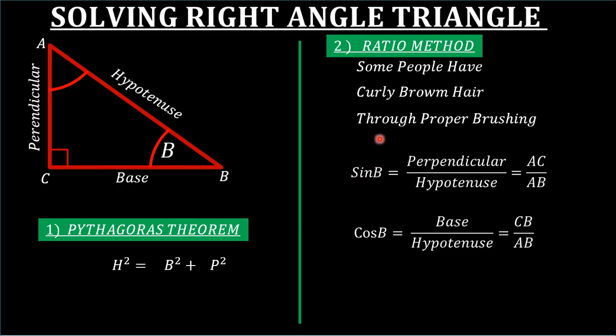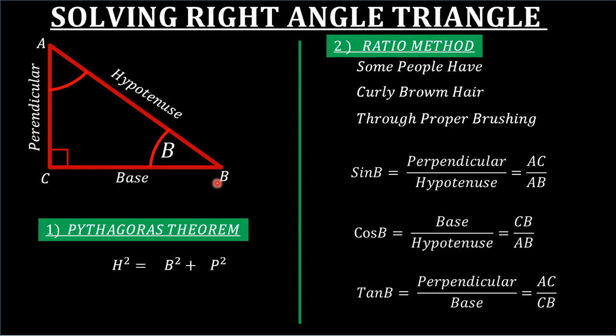The third ratio of tan can be given as perpendicular over base, meaning the tan of this angle B will be equal to the perpendicular AC side over the base, the CB side. Students, this is how you find the ratio of sine, cos and tan.